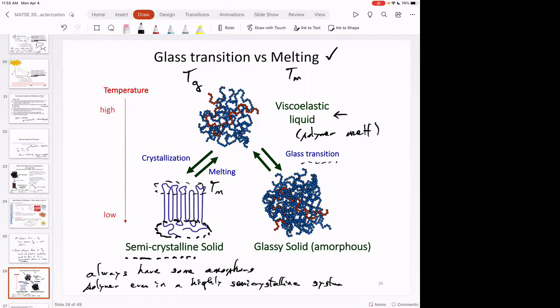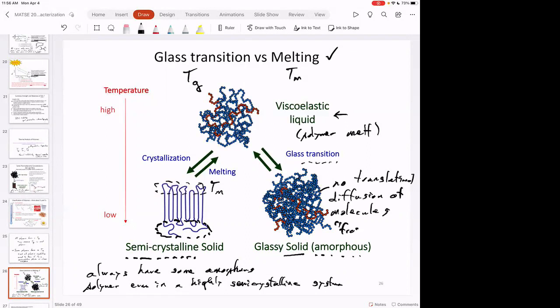That's a really interesting physics problem. It's completely amorphous, but it's solid. So below the TG, you have no translational diffusion of molecules. They are frozen in place.